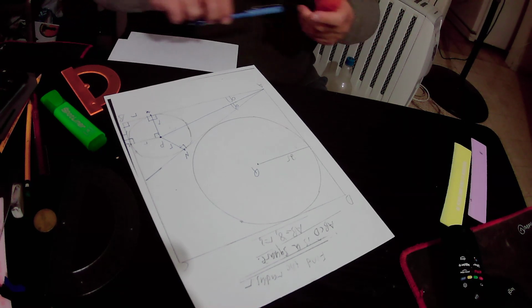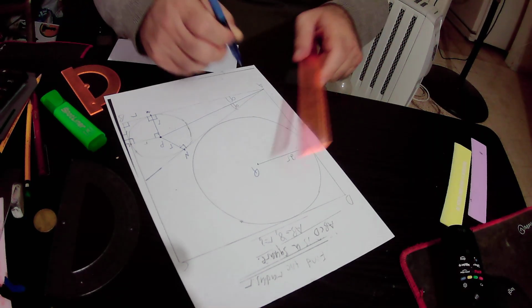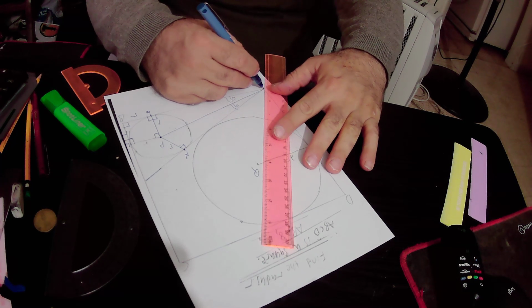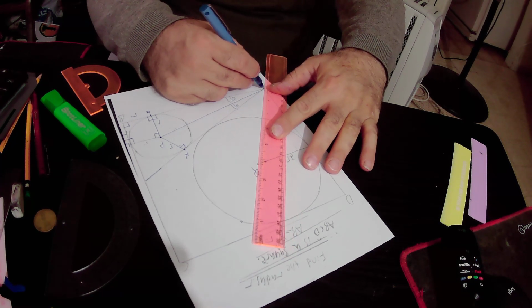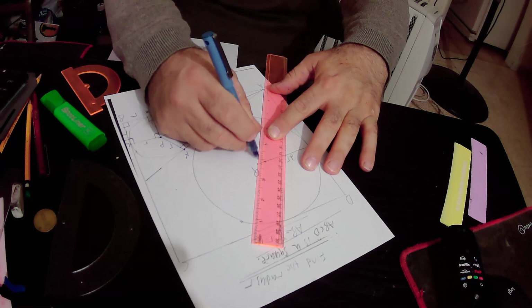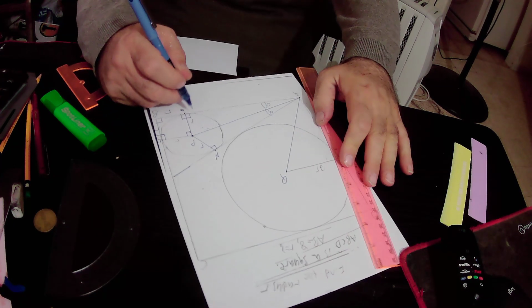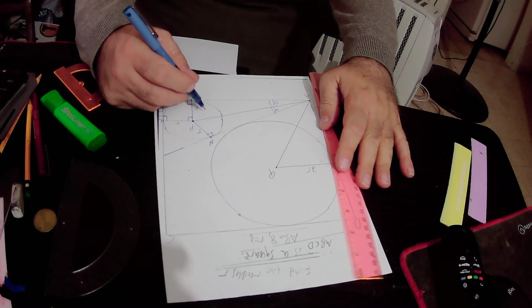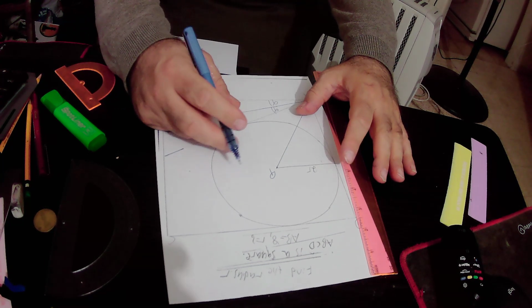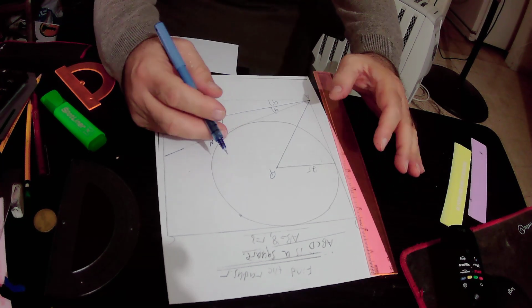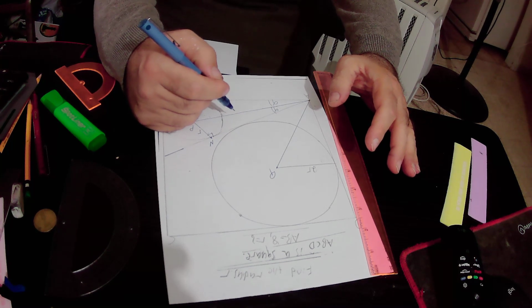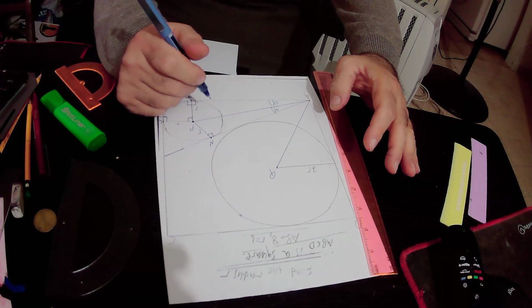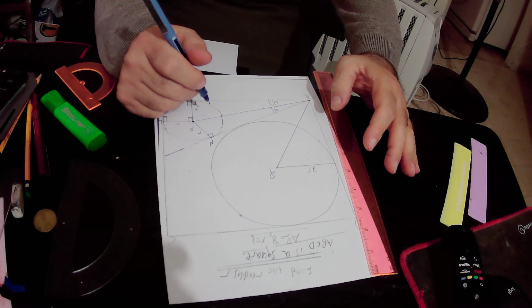We join together points A and Q by a straight line. We know that the radius of the big circle equals 2r. It is twice as long as the radius of the small circle.